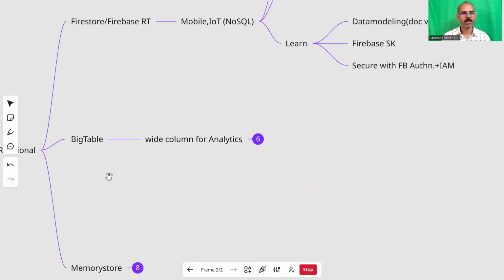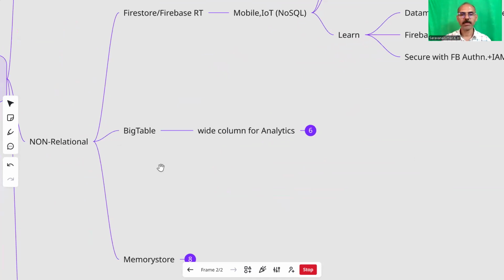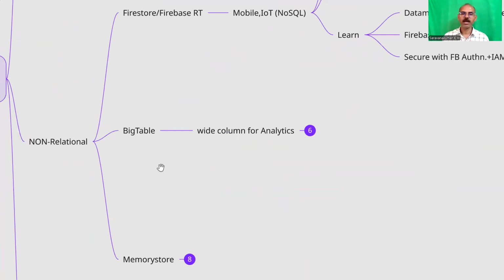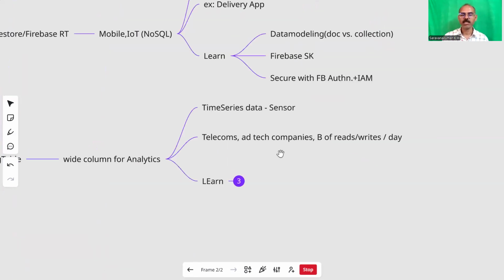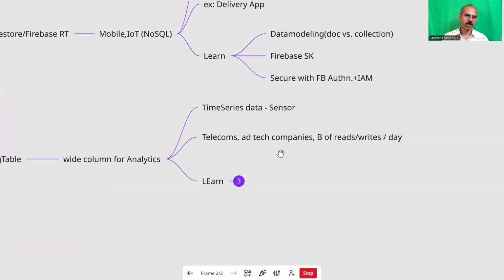The other non-relational type is wide column, for data analytics as well as for IoT related data. Particularly it is helpful for time series data, for example where sensor related information is being received, so that data is very helpful to store over here.